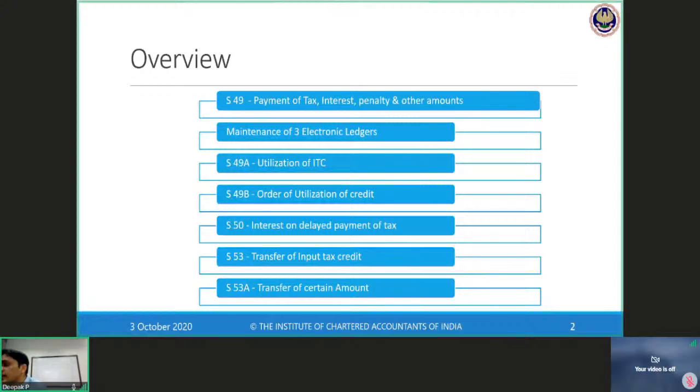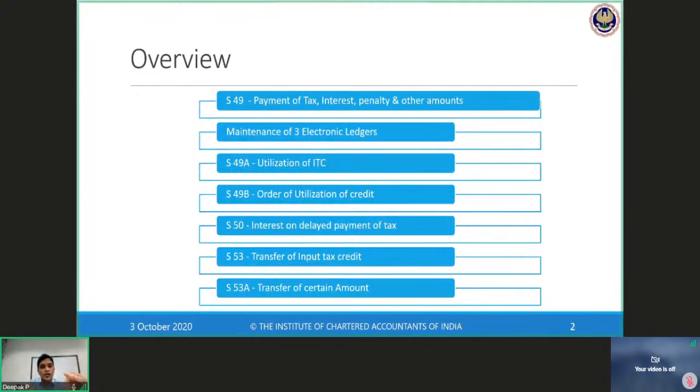Somebody asked a question: we have whole ITC which needs to be adjusted against IGST, CGST, SGST. That's why we have different sections. We have different sections because the utilization of all the credits is given in section 49 itself, because 49 itself has all the three ledgers: electronic cash ledger, electronic credit ledger, and electronic liability ledger.